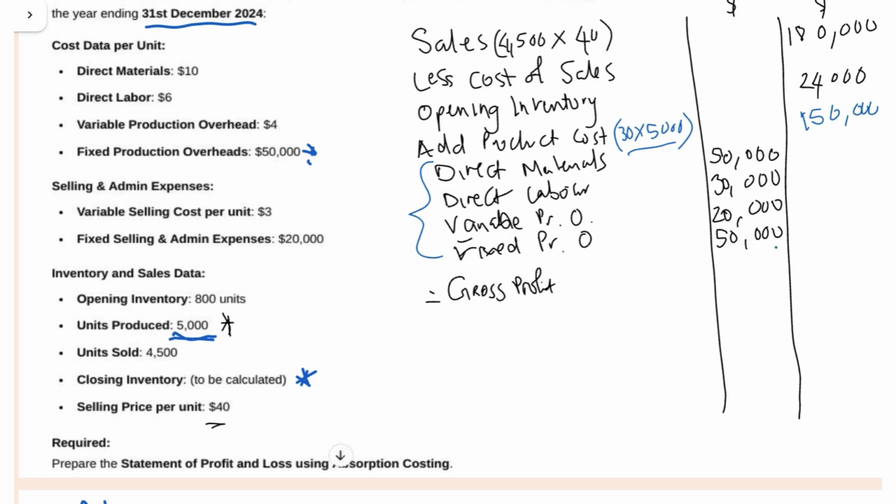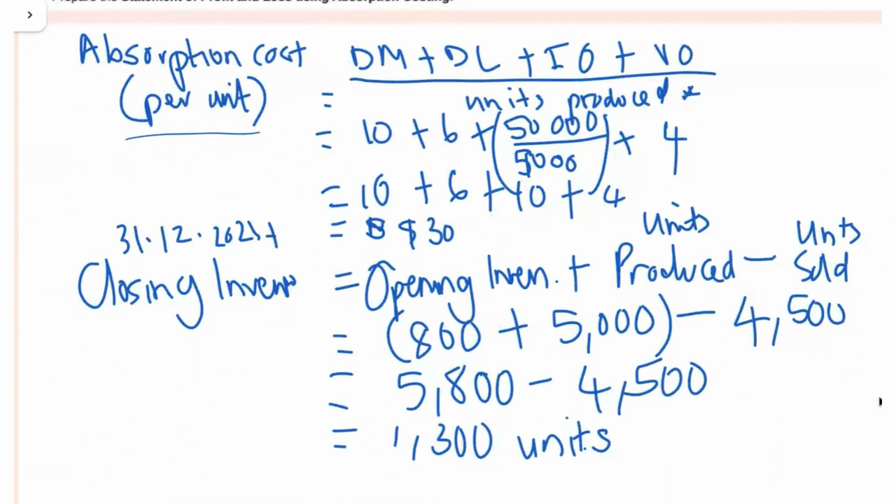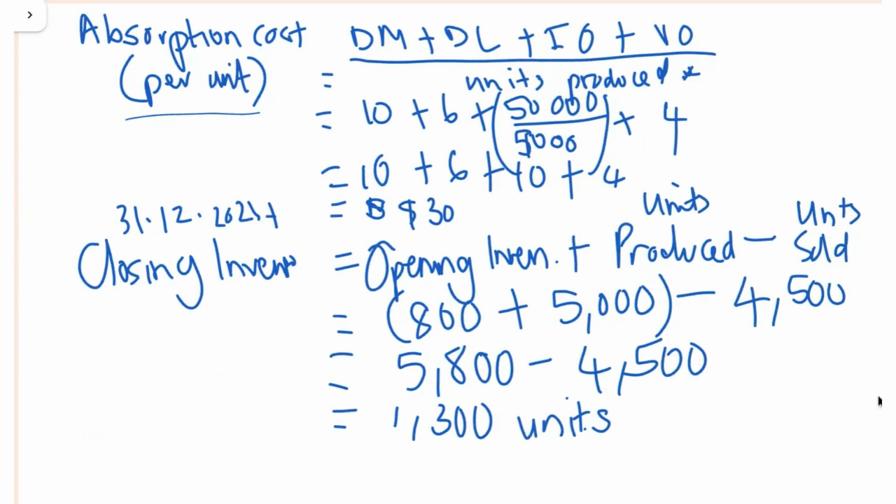Okay, and then closing inventory, we calculated that it is 1,300 units, but now we need the cost. So it's going to be 1,300 units times 30, because that is now the absorption cost, and then we get 39,000.